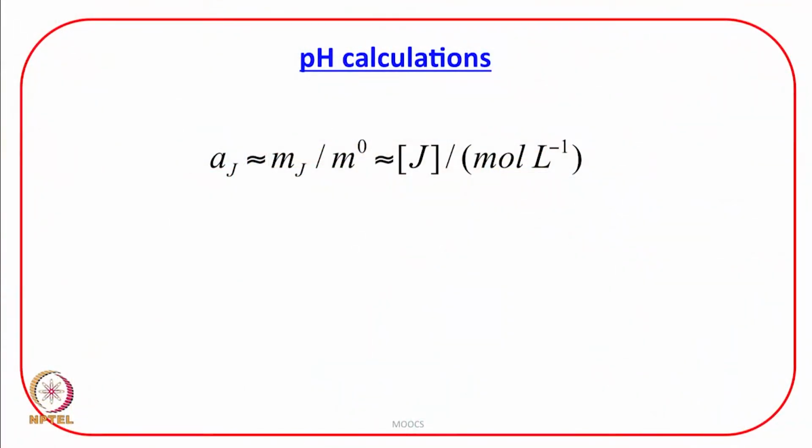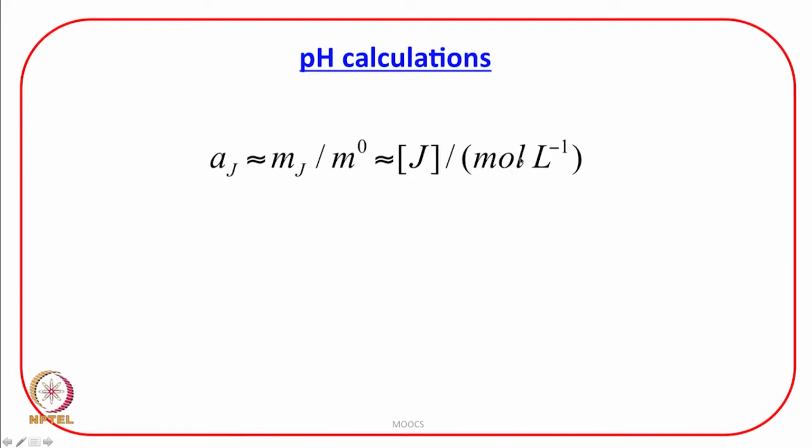Since the definition of pH is minus logarithm of activity of hydronium ion, we need to talk about the activity. And when the solution is very dilute, then the activity coefficient can be taken as 1 and we can equate approximately the activity to the molarity or molality, whatever way you want to express.